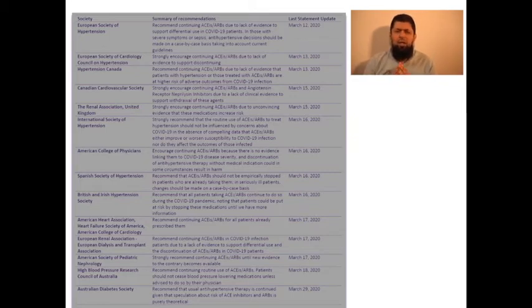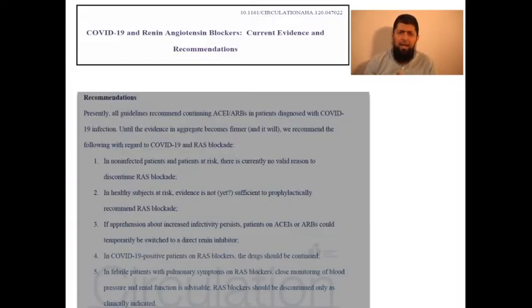And recently, the American Heart Association issued its recommendations about COVID-19 and renin-angiotensin blockers, current evidence and recommendations. They said that presently all guidelines recommend continuing ACE inhibitors and ARBs in patients diagnosed with COVID-19 infection until the evidence aggregates and becomes firmer, and it will.